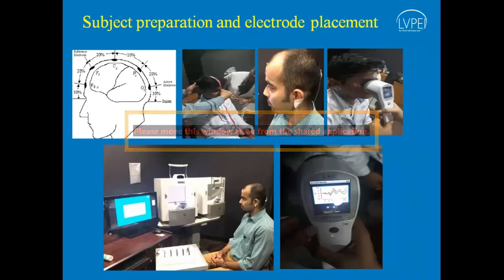So the computer has to filter out those responses from the true responses, which are time locked and come after the visual stimulus.